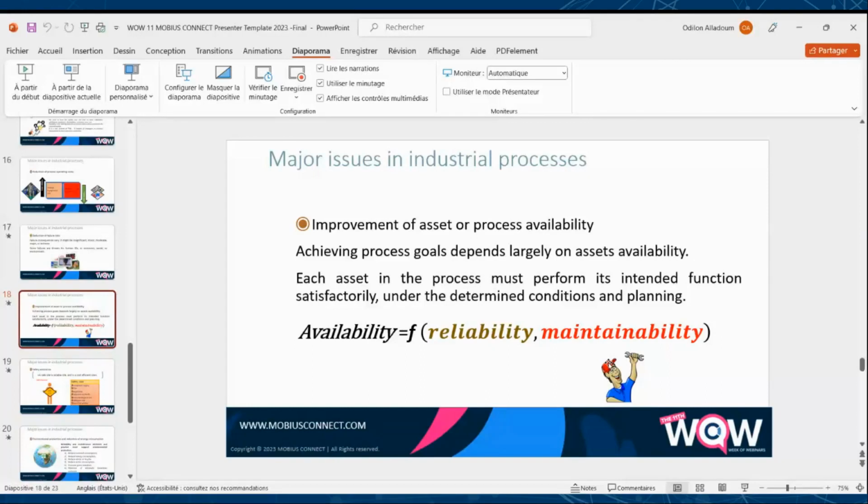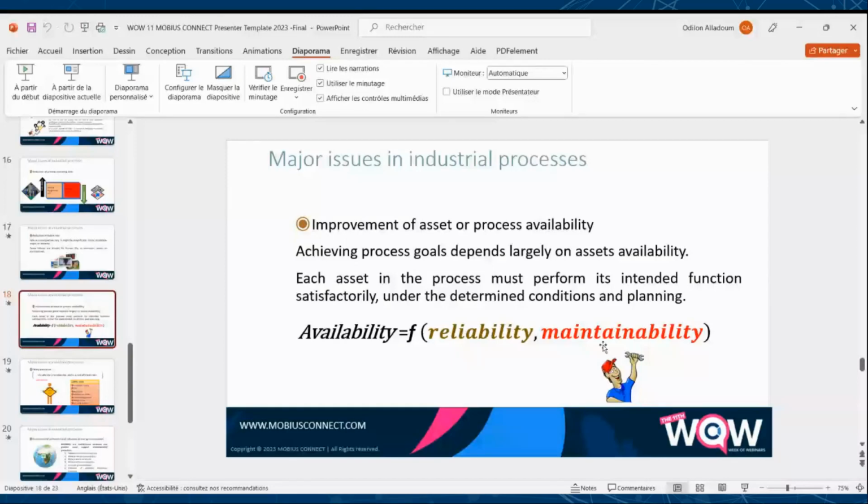Maintainability is defined as a characteristic of a design or installation of an asset. It is the ability of an asset or an item to be retained in or restored to a specified condition within a given period of time when maintenance actions are performed in accordance with prescribed procedures and results.